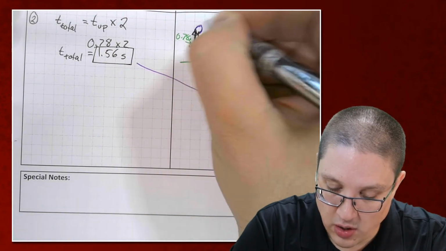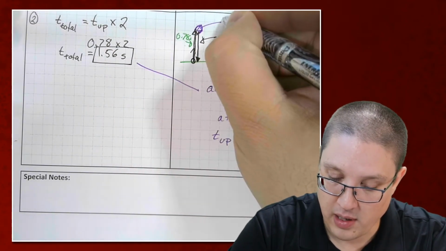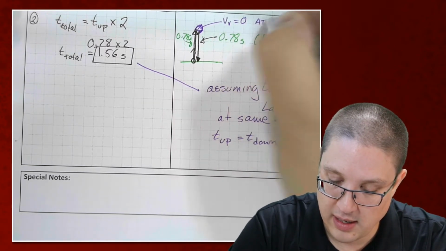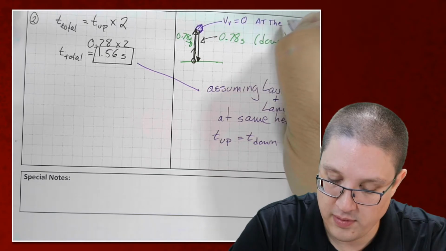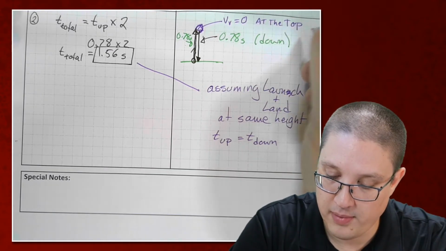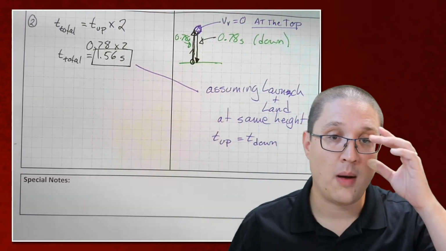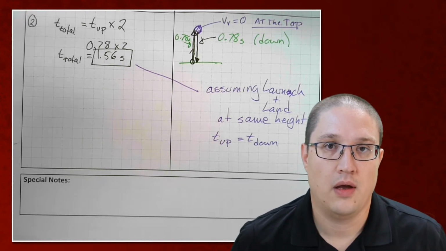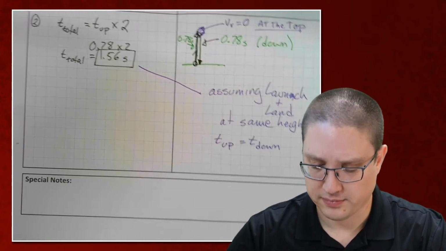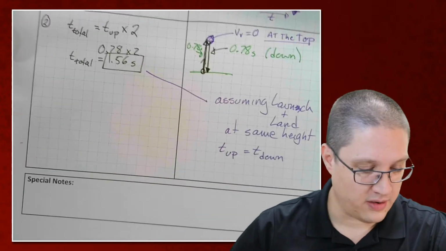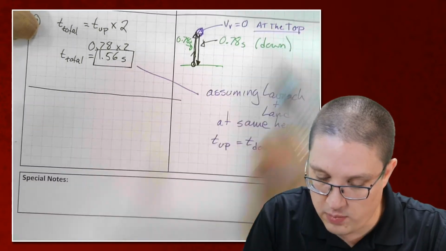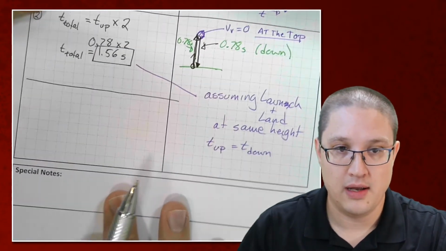A couple other things. Right at the very top here, my vertical velocity is 0 at the top. So at the top of the path, my vertical velocity is 0, which actually makes sense. I'm going to come on over here for a second, and I'm going to go back and look at my quadratic here.